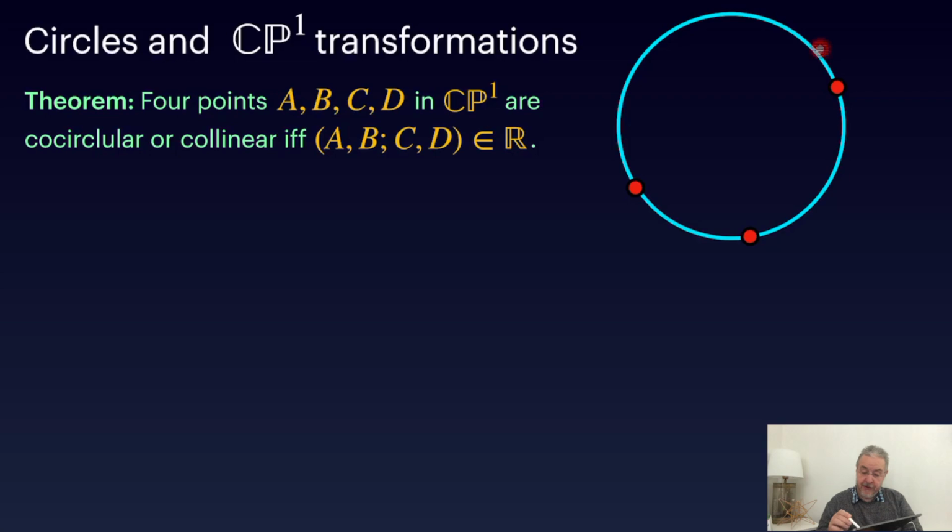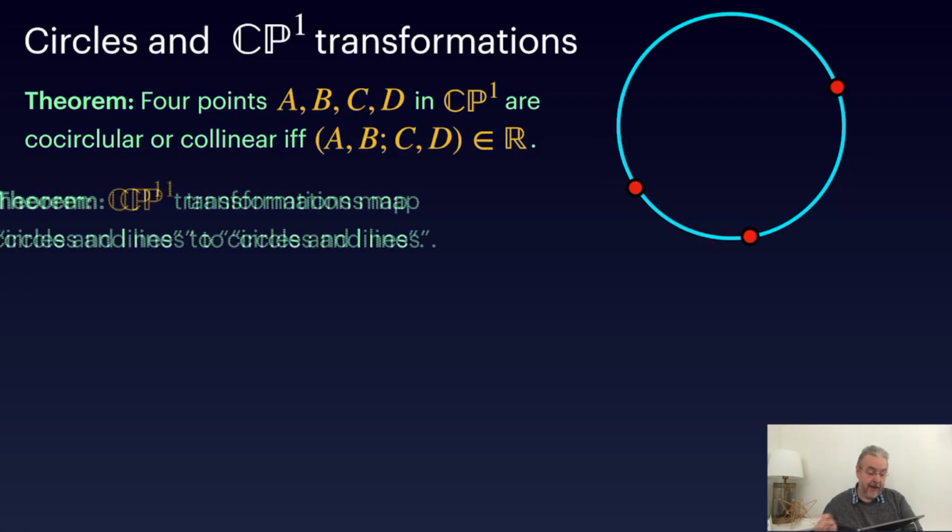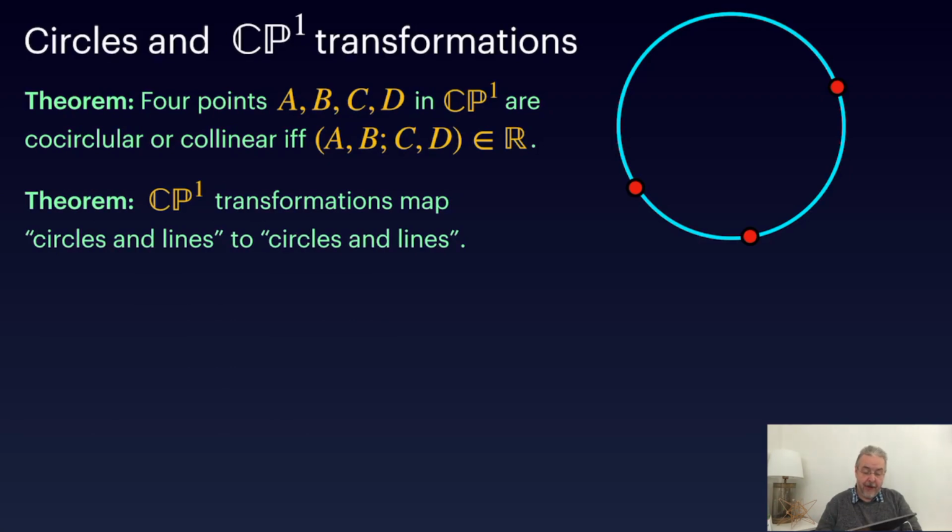So assume you have a circle, and on that circle you have 3 points, and now we get the following theorem, that when you have a projective transformation, it will map the set of circles and lines again to the set of circles and lines. So whenever you start with a line or circle, make a projective map, this line or circle will again be mapped to a line or circle.